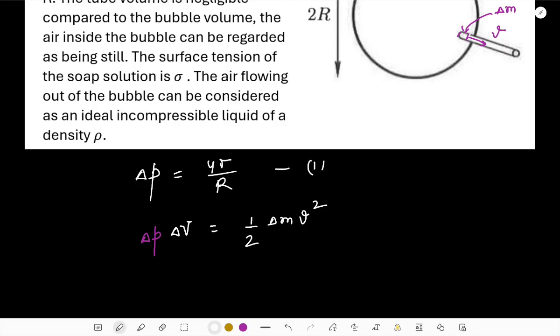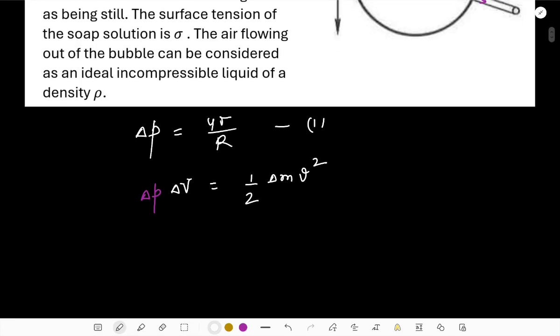Therefore, delta m by delta V is the density of air, rho, and that is given, and it should be treated like an ideal incompressible liquid, as mentioned in the problem.